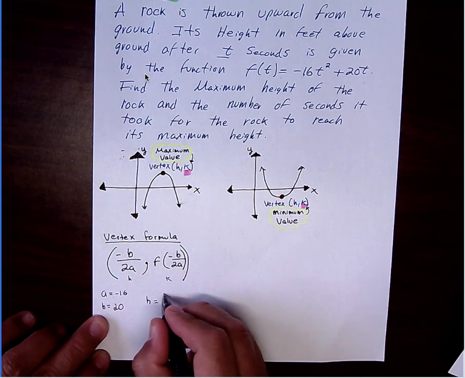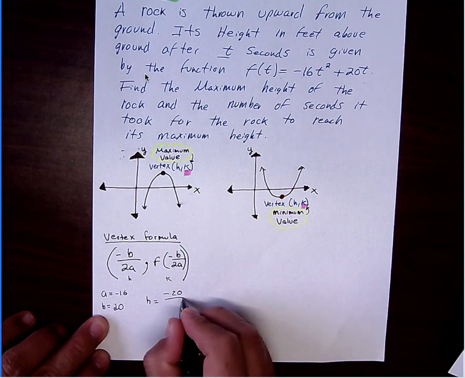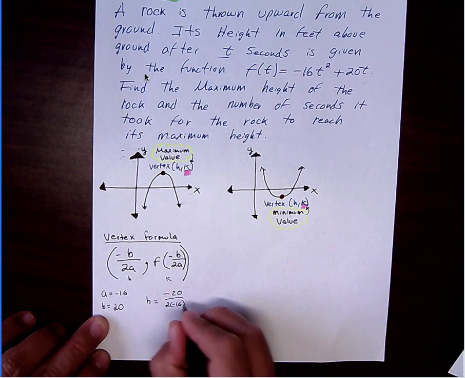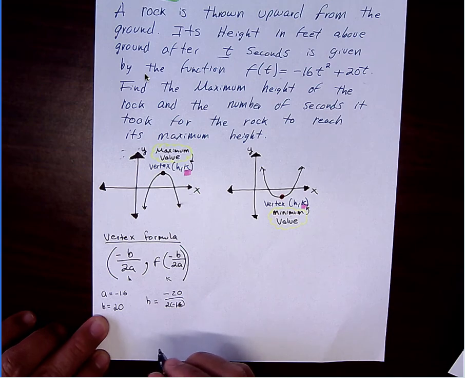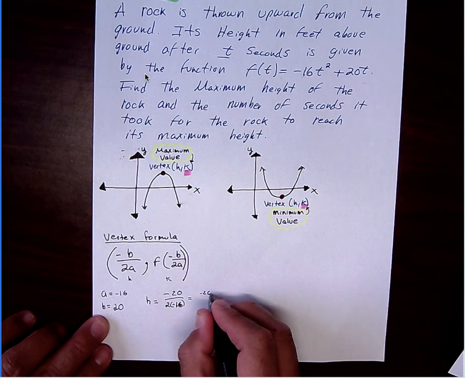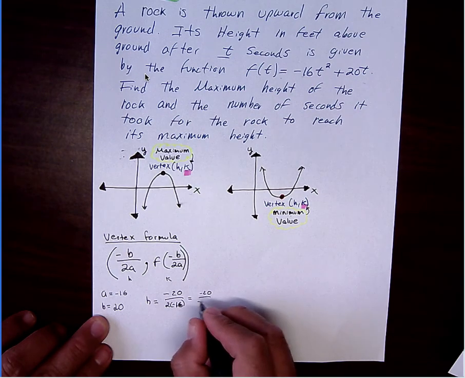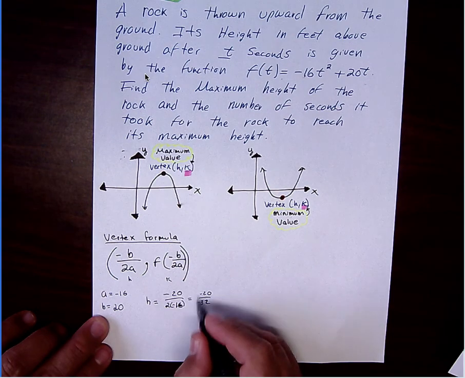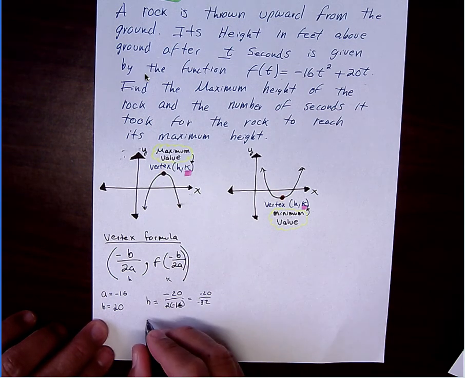So negative 20 over 2 times negative 16. This gives me negative 20, and then 2 times negative 16 is negative 32. These two negatives cancel each other.